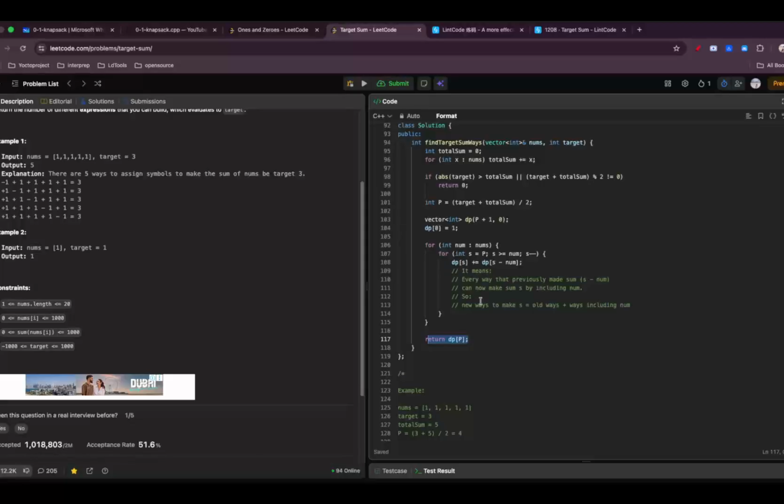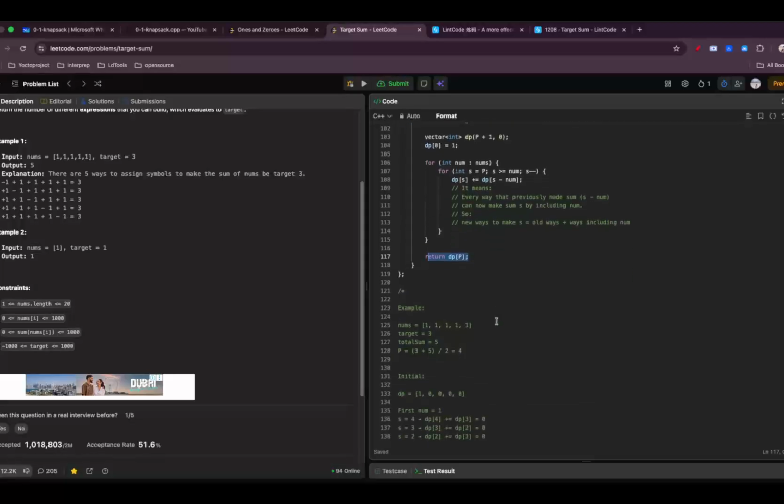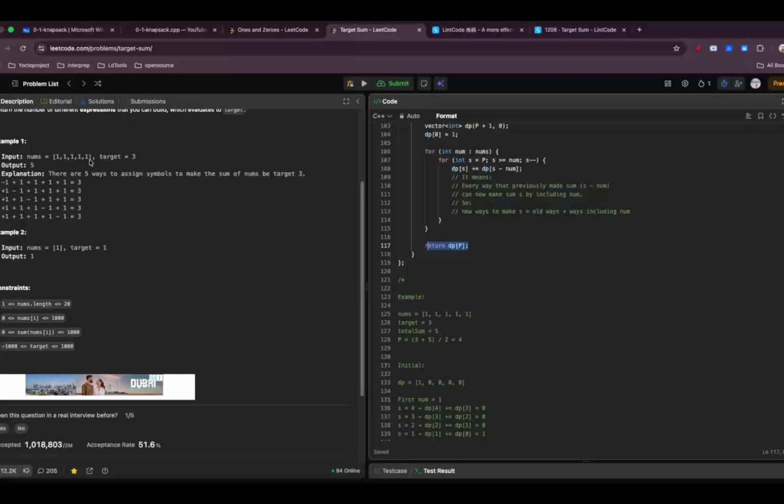Now the example part. If we take the first example itself, where nums is like this and target is this, the total sum is 5. So 3 plus 5 is 8, divided by 2, p will be 4. We got our 4.